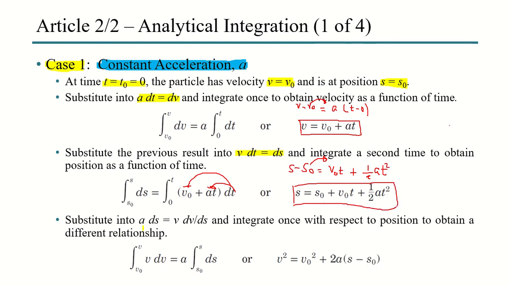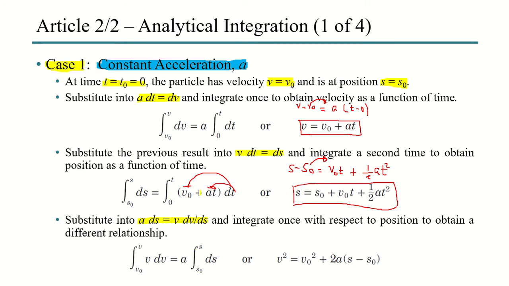Okay, so this is our next equation: a ds equal to v times dv over ds. So substituting the value of s here. So integral. We have a, then isolate the a, we interchange the position, so we have a integral of ds, limit from s sub 0 to s.